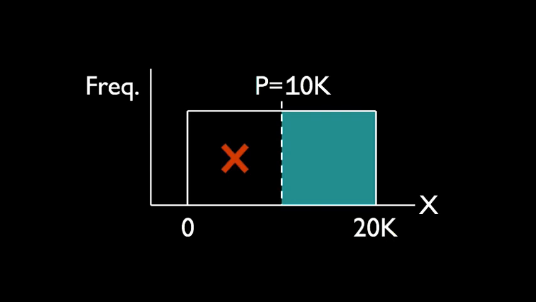But on the other hand, if you expect to have healthcare costs that exceed the premium, which in this case we're saying is $10,000, then you're definitely going to want to buy insurance because insurance would be cheaper than what you would expect to pay out of pocket for your medical bills.